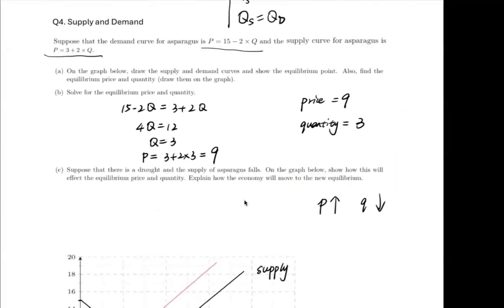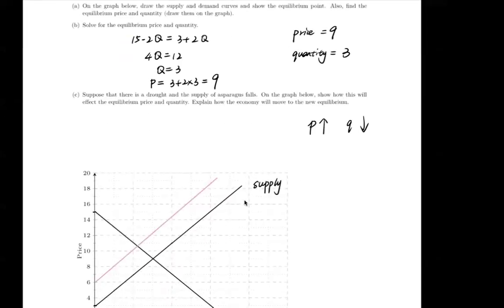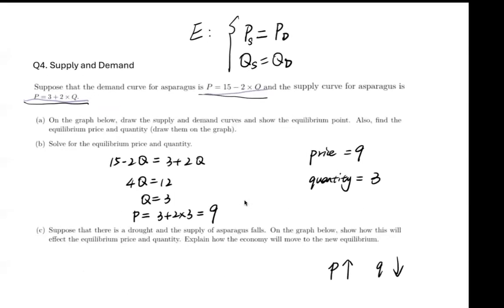And for question 4, you may need some simple calculation, but I promise it would be very easy. So now you know what the demand curve and the supply curve are. First step, you need to draw it on the graph. And second, you need to solve for the equilibrium price and quantity.